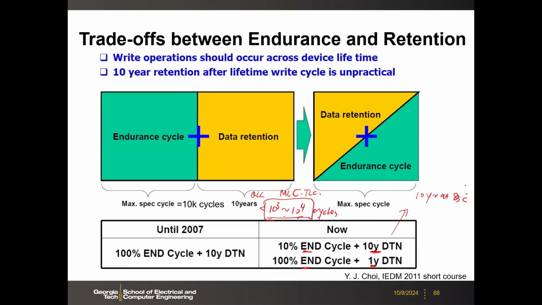But for the TLC and QLC, this may degrade to 3 years at 85 degrees C. Because they may assume that you are going to change your phone every 3 years. You don't need to keep your data for a long time. So the reliability standard degrades.